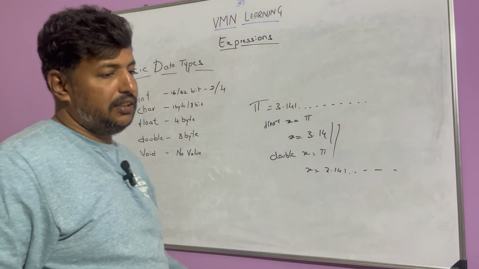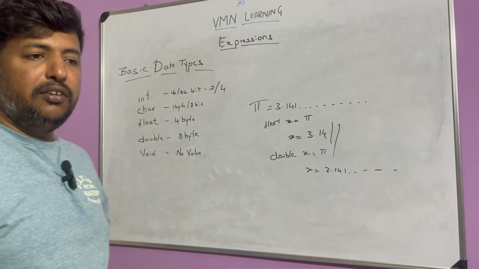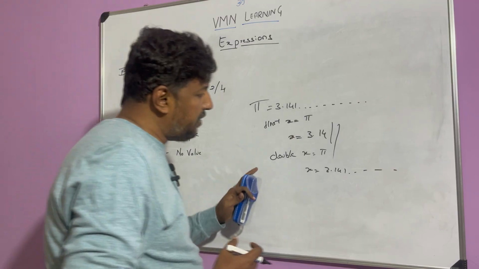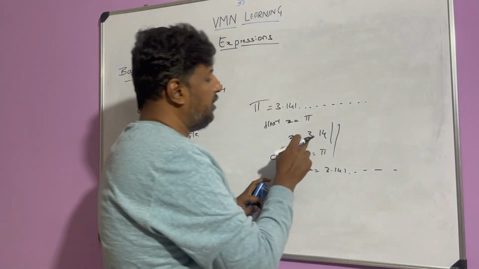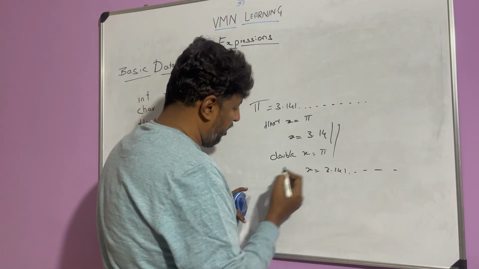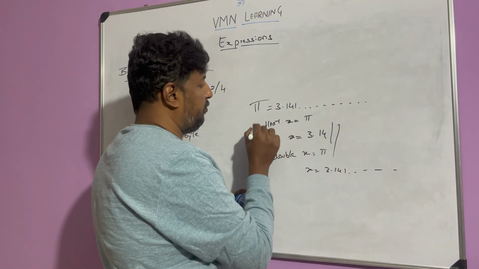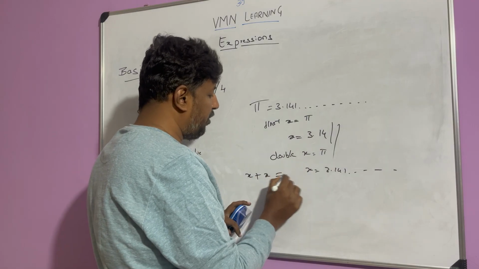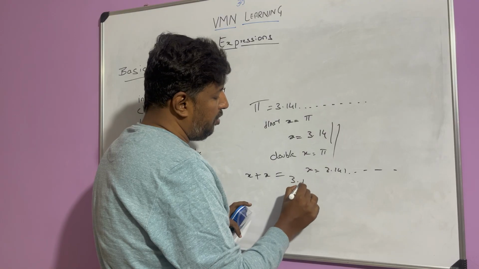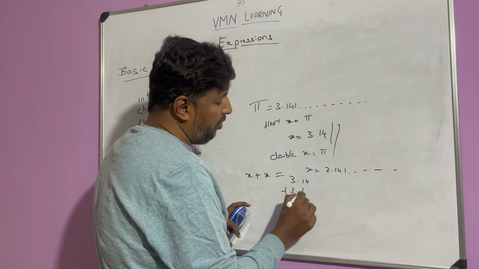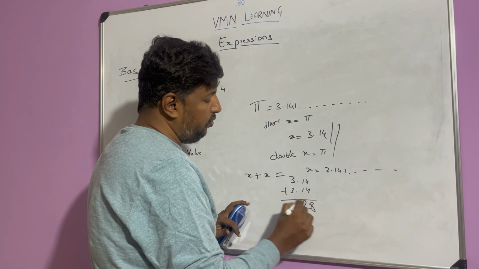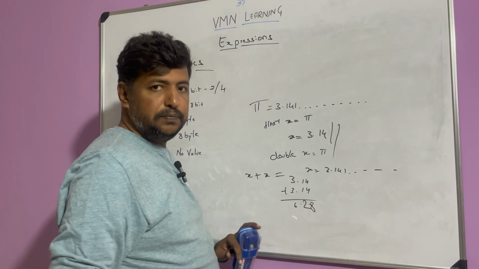So the precision matters when we do arithmetic operations. For example, if I do float x plus x, it will be 3.14 plus 3.14, which is 6.28.